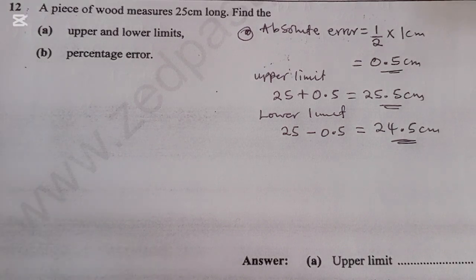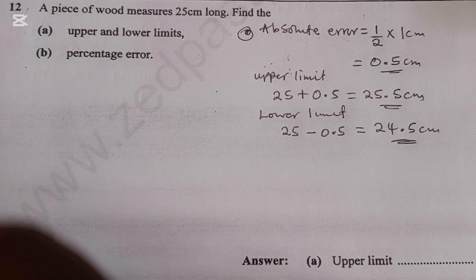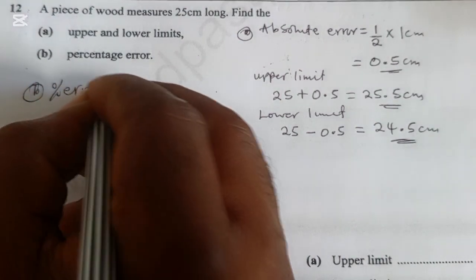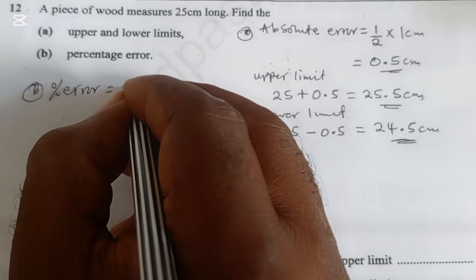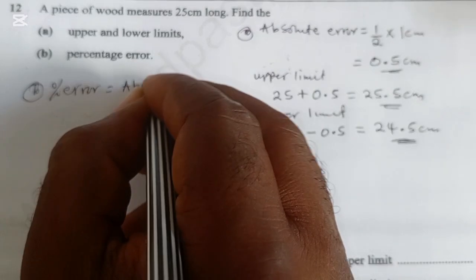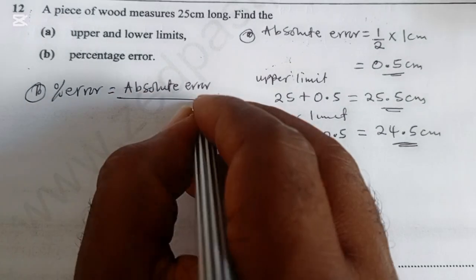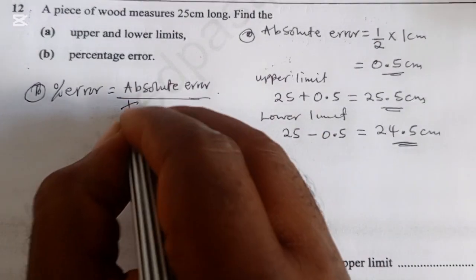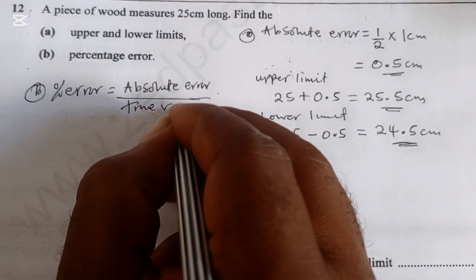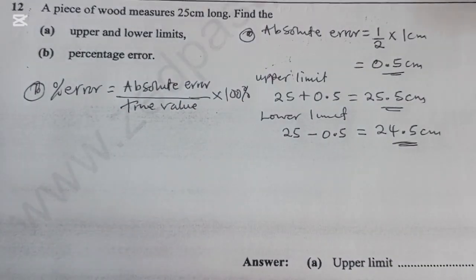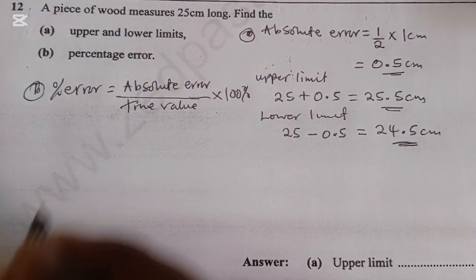So B, how do we calculate the percentage error? So percentage error is equal to absolute error over true value times 100%.